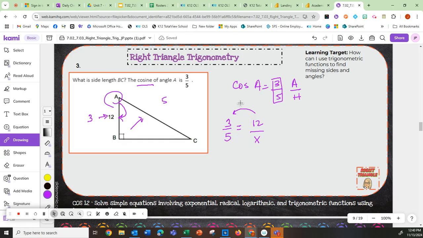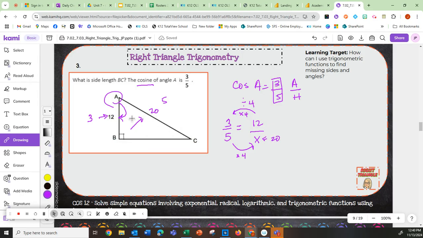So you say, well, 12 divided by what number is 3? So we divided 12 by 3, or you could say 3 times 4 gives me 12. And so to get from 5 to this bigger number, which is going to be your true hypotenuse, we're going to have to do 5 times 4. So that's going to tell me that my hypotenuse is 20.